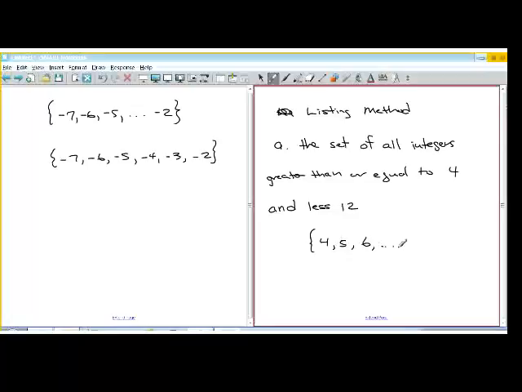So you go 4, 5, 6, dot, dot, dot. I've established a pattern starting at 4, increasing by 1, and then less than 12, so I have to read that carefully: less than 12 would be 11. If I said greater than 4 and less than 12, this one would go. If I said greater than or equal to 4 and less than or equal to 12, then I have an additional term.